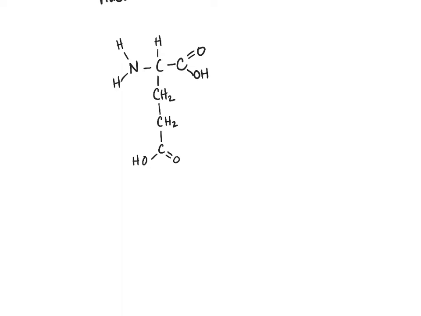All right, so the first one, remember, is very easy. Right up here, what is this group? Right, the amino group. Remember, it has the nitrogen, which makes it pretty easy to identify. Then we can see some other things. This entire middle chain here is not going to be any sort of functional group, because we have lots of carbons, lots of hydrogens that are not going to be interacting with anything.